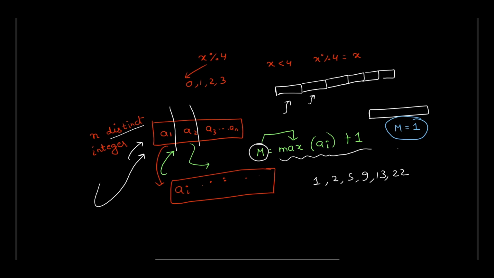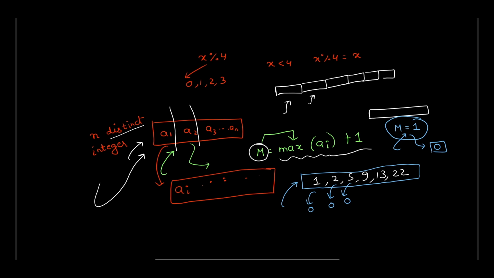then in this world where every number is treated as modulo 1, there is only one number that exists. What is that? 0. So all of these numbers actually have remainder 0 when you divide them by 1. So in the world of 1, all these elements are actually equal. They actually go into one bucket.